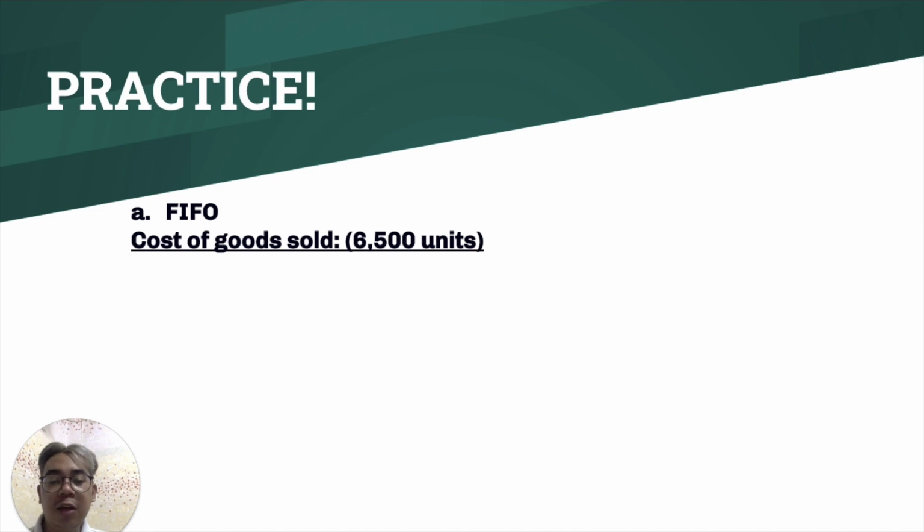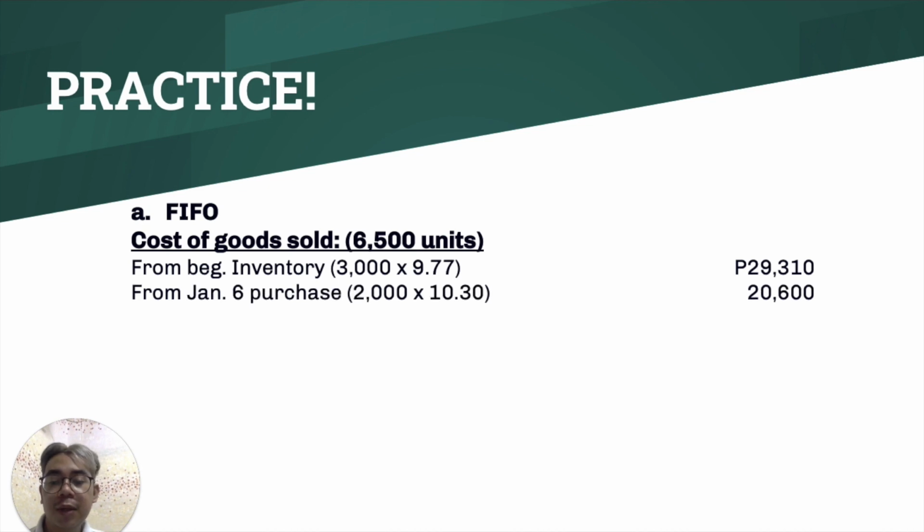So saan galing yung 6,500 units? Una, yung from the beginning inventory na 3,000 units times 9.77, that's 29,310. From January 6 purchase, meron tayong 2,000 doon. So times 10.30, that's a total of 20,600. So from this, 5,000 na yan, so yung 1,500 na natitira is galing na doon sa pinakahuling purchase mo.